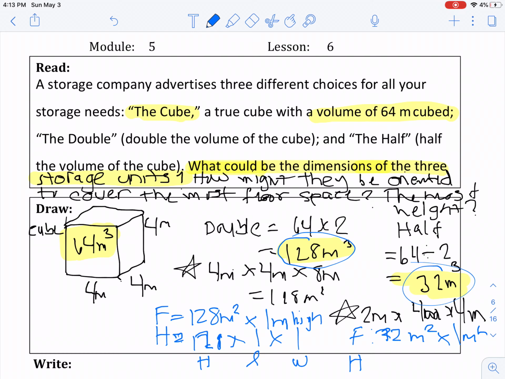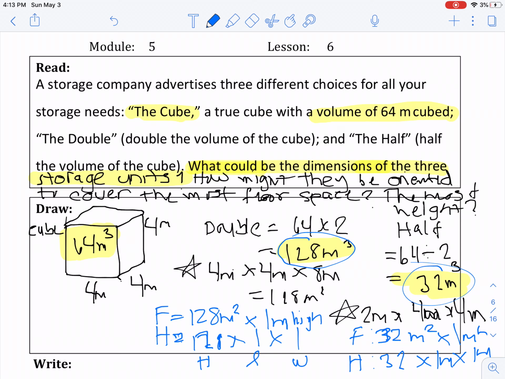So 32 times 1 meter high. And then the most height, your height would be 32 high times your width of 1 meter times your length of 1 meter. So those would be your dimensions.